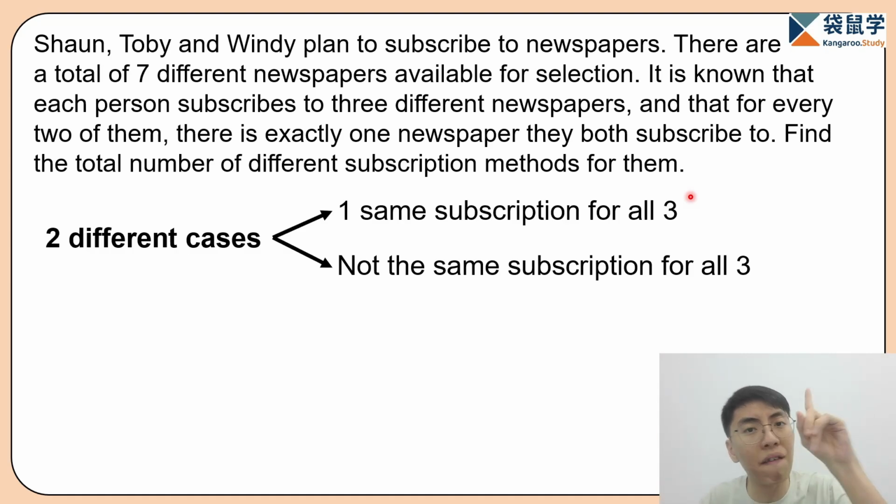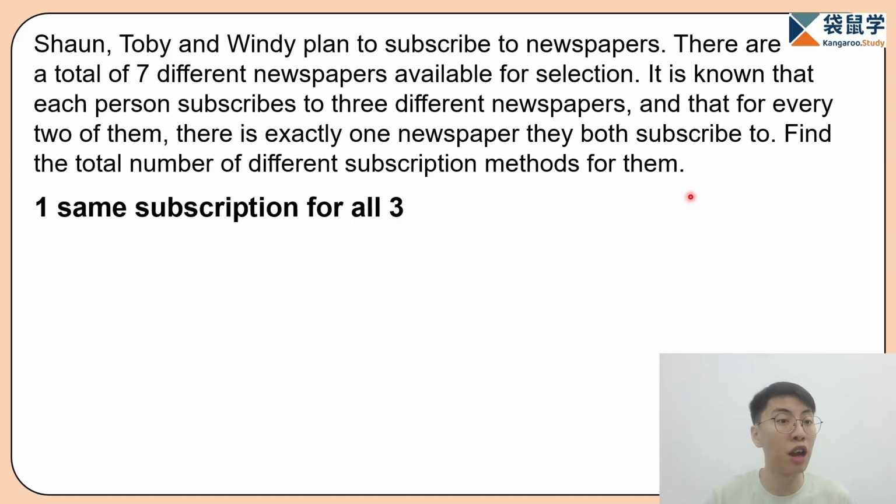So let's take a look at the first case over here, where we have the same subscription for all 3 of them. Let's say for Sean, Toby and Wendy, they each have to take 3 different newspapers, right? So we let there be these possible cases, with there being 1 same subscription for all 3 of them.